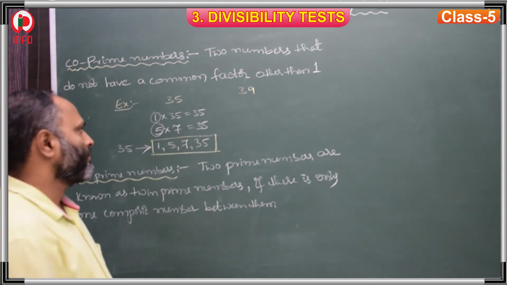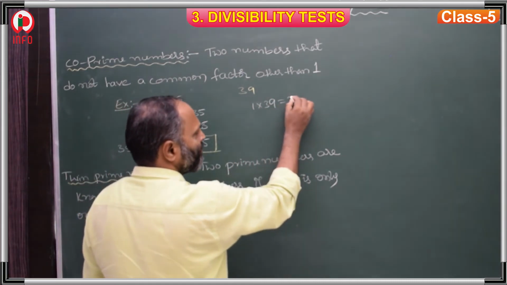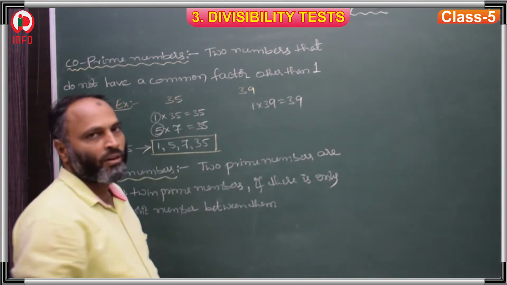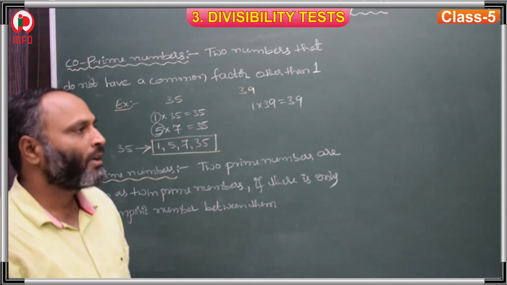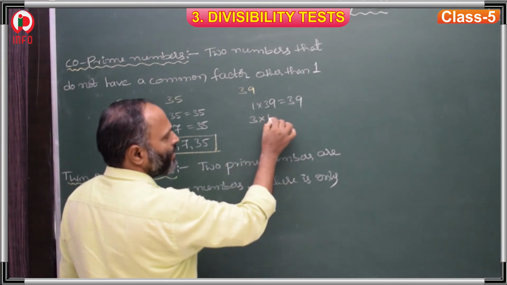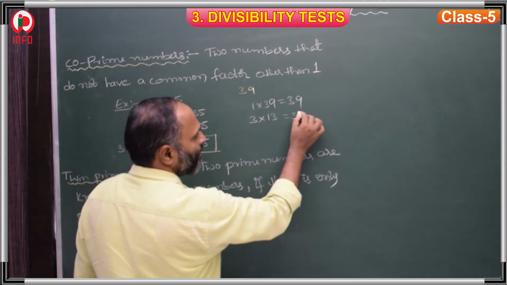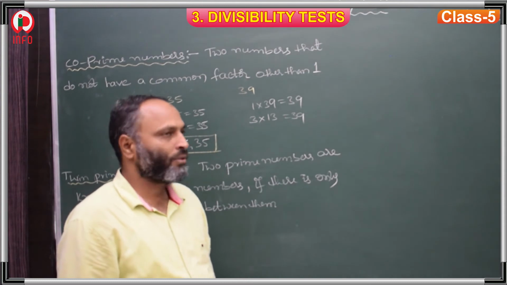Now 39. 1 and 39 are factors. It is an odd number, so it won't divide by 2. It will divide by 3: 3 13s are 39. By 4 it won't divide, because it is not an even number.